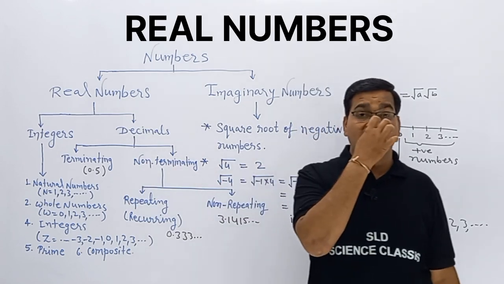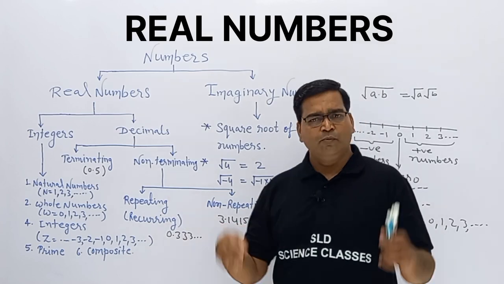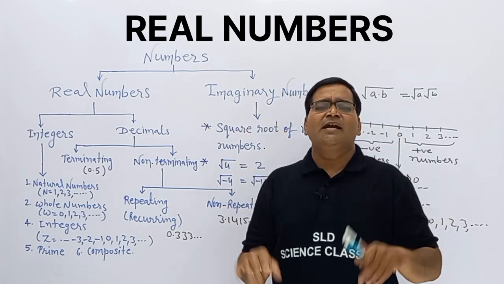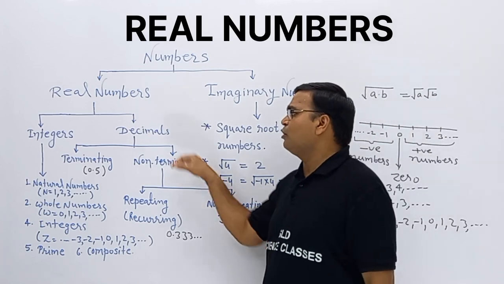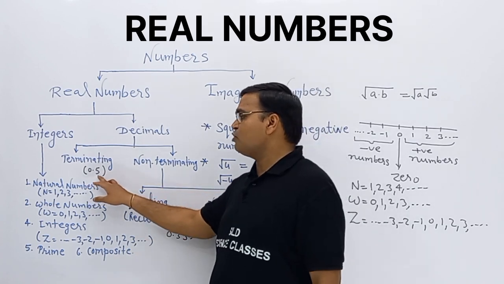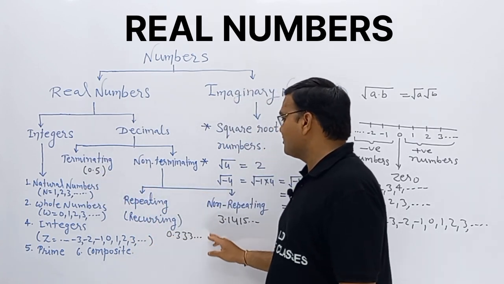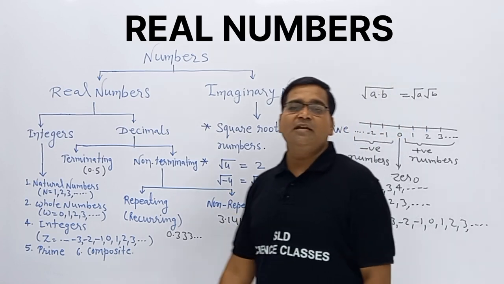But in terminating what we are getting? Remainder equal to 0. But in non-terminating we are getting some values, again and again we will get something. So in which remainder is not 0, and in which we are getting remainder equal to 0. So like this number, this is called terminating, but these numbers, this is the non-terminating repeating, and this one is what? Non-terminating non-repeating.